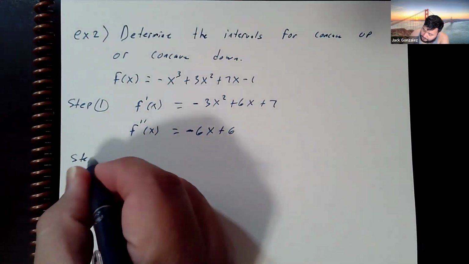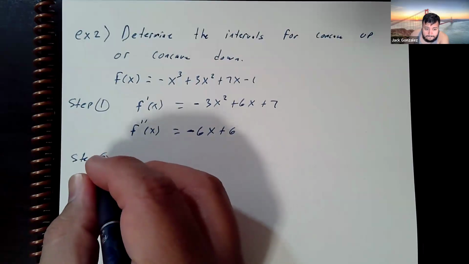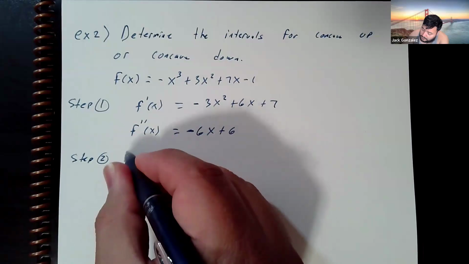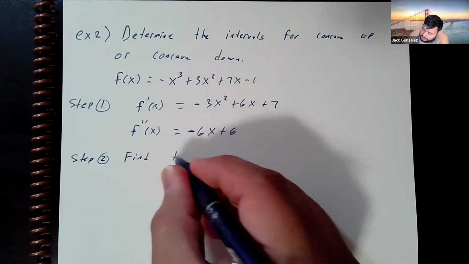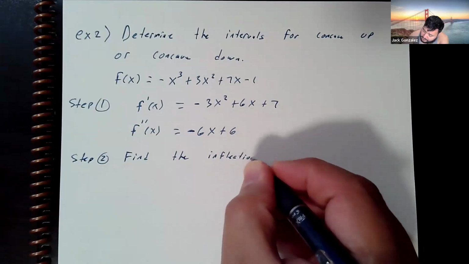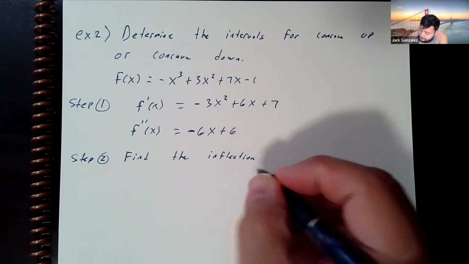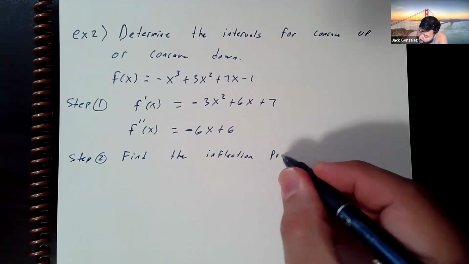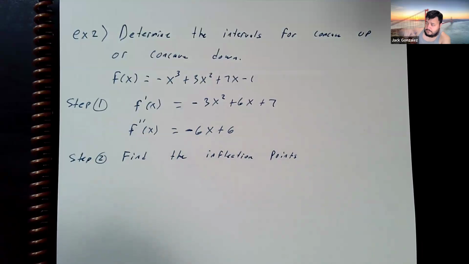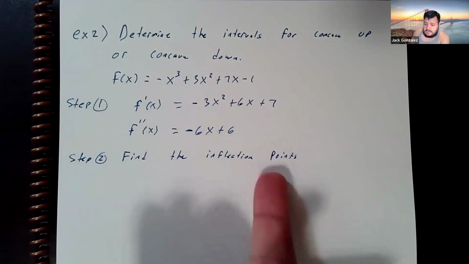Step two, find the inflection points. Inflection points happen when the second derivative is equal to 0. And an inflection point is when your concavity changes. So this time we're going to have a place where it's concave up and then concave down, and it shifts concavity at these points.